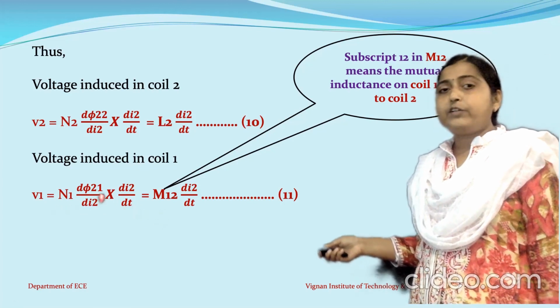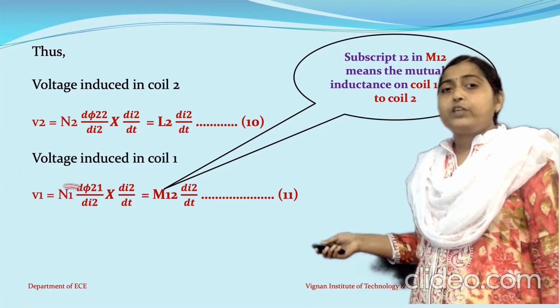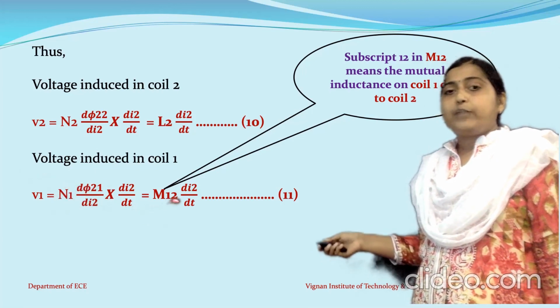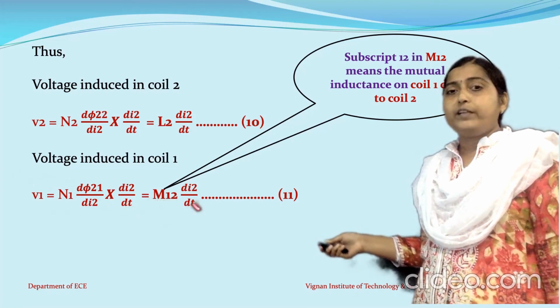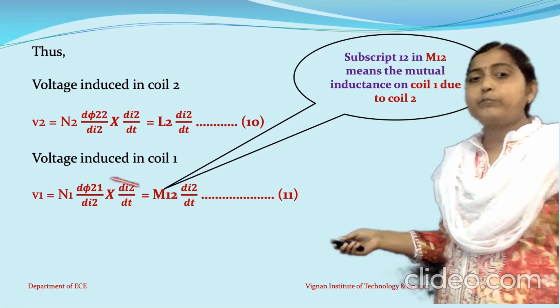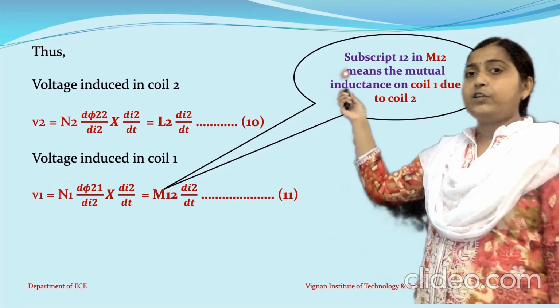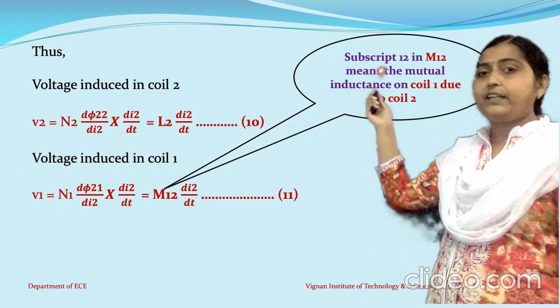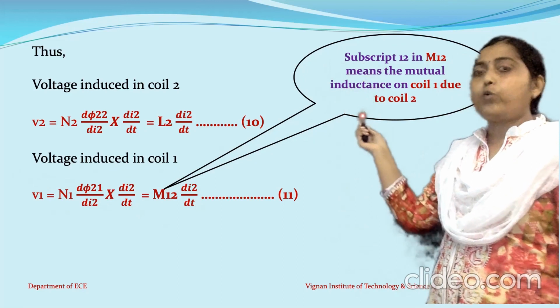According to the definition, if I replace N1 into d phi 21 by di2, I write this as M12 into di2 by dt. Again M stands for mutual inductance, and the subscript 12 represents the mutual inductance in coil 1 due to coil 2.